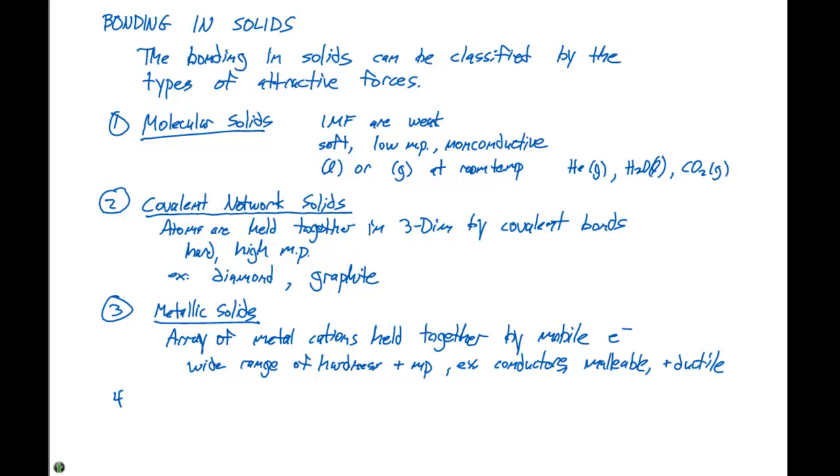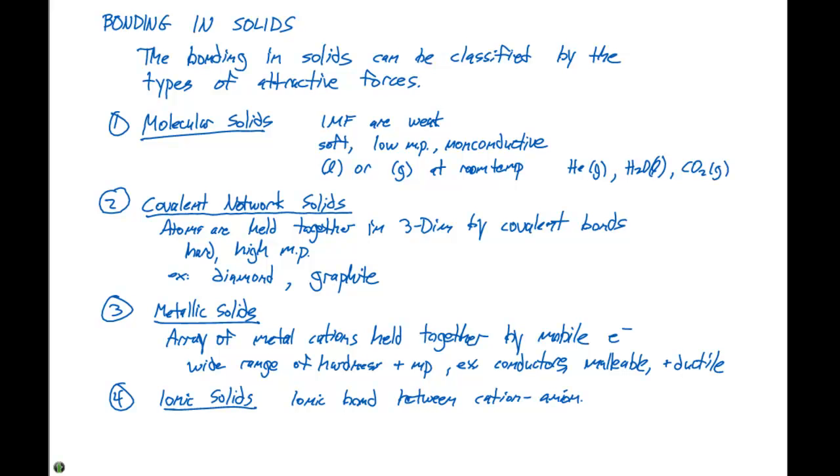The last type of bonding that we see in solids is ionic solids. And in ionic solids, we see an ionic bond between the cation and anion.